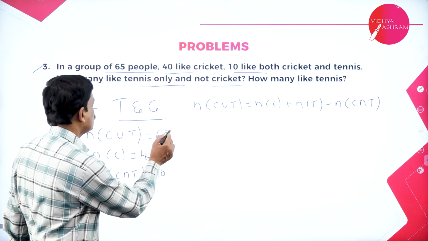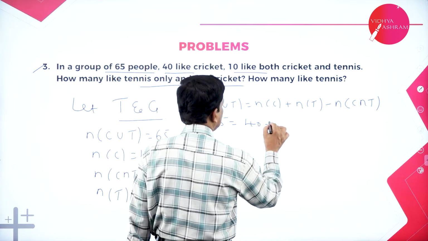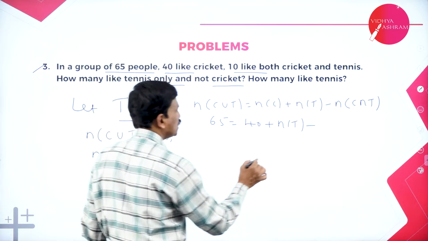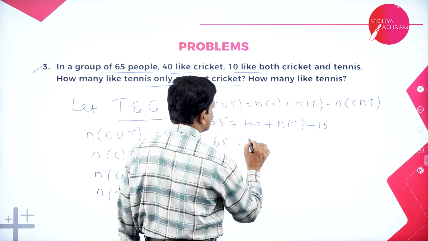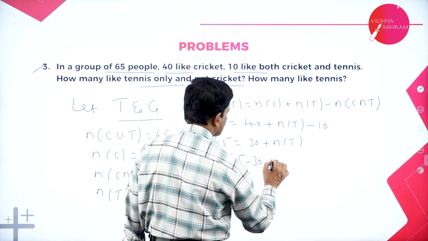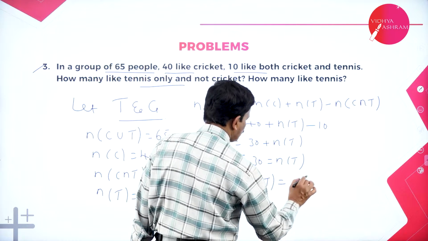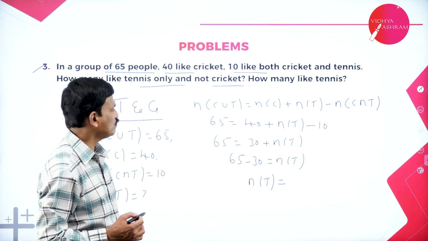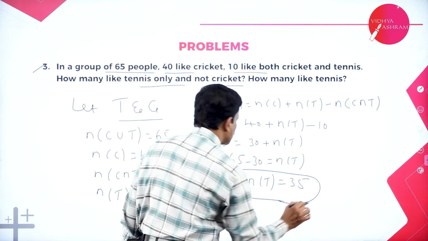Now substitute: 65 = 40 plus n(T), we don't know, that is to be determined, minus the common both cricket and tennis, 10. 65 = 40 − 10 = 30 plus n(T), or 65 − 30 = n(T). Therefore n(T), the number of people who like tennis, is 65 − 30, that's equal to 35. So n(T) is equal to 35.